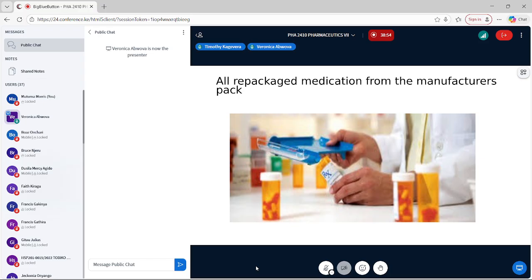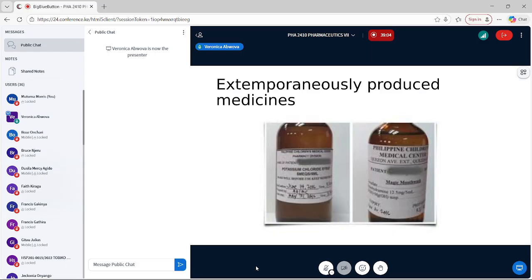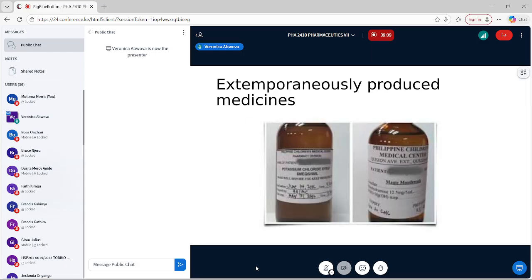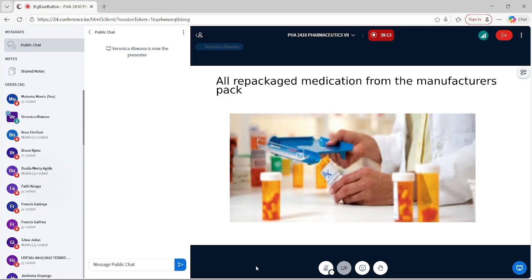Yes, thank you. Okay, so we were saying all prescription items must come with a label. The manufacturer's patient pack must be labeled. Extemporaneously prepared products must be labeled.